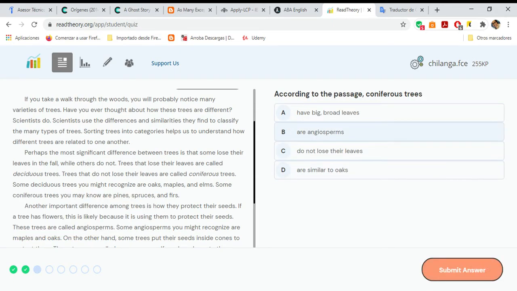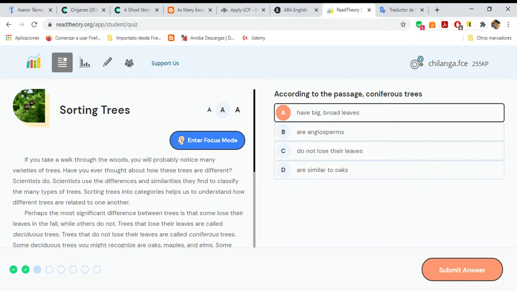According to the passage, coniferous trees do not lose their leaves. Coniferous, no, they lose their leaves? Have big, broad leaves. Angiosperms are similar to oaks. Well, angiosperms do not lose their leaves. I don't remember if the coniferous lose their leaves.